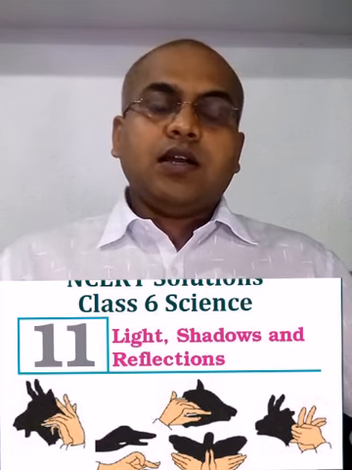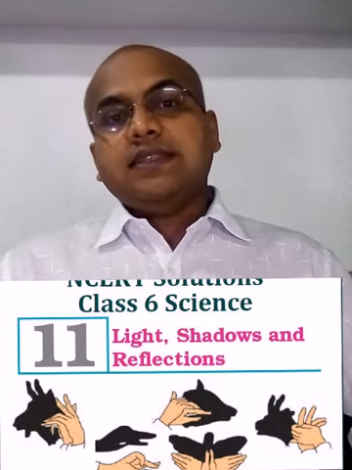So these are the different topics we had discussed earlier in the lectures from this chapter. In the last lecture, or yesterday's lecture, we had discussed how light travels in a straight line.